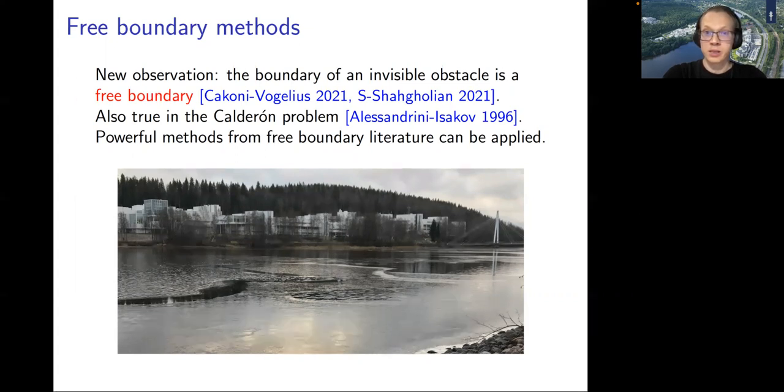But it seems that this connection to free boundary problems was somehow missed by people working on corner scattering, including myself. But once you make this connection, then you can use powerful methods from the free boundary theory of PDEs in order to say something about these invisible obstacles.